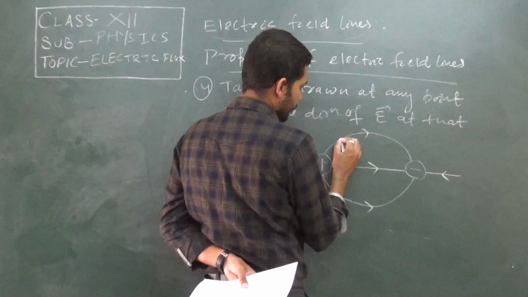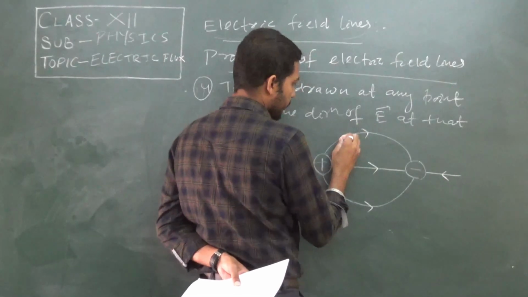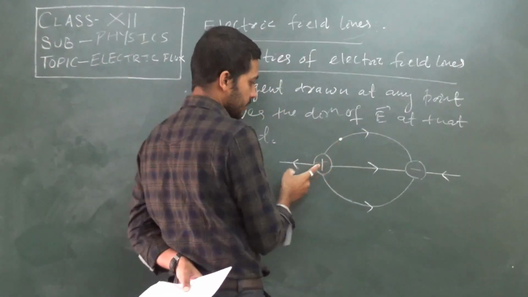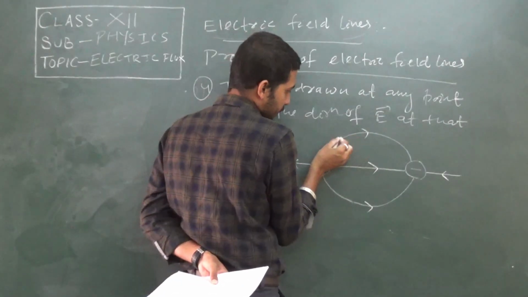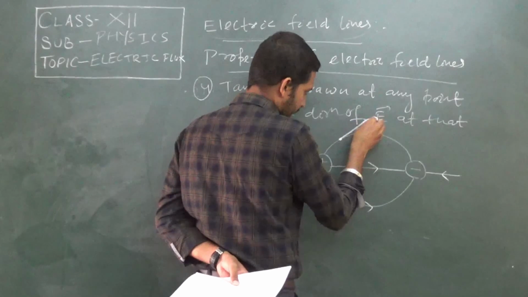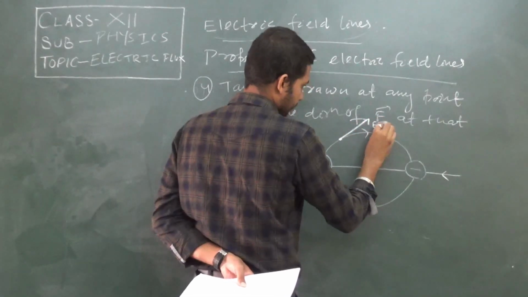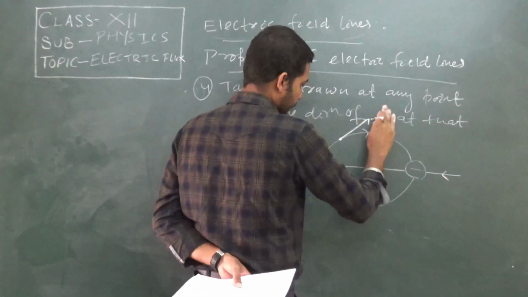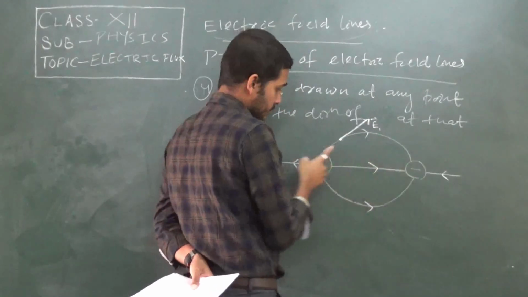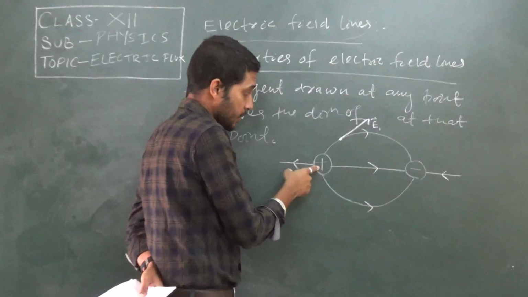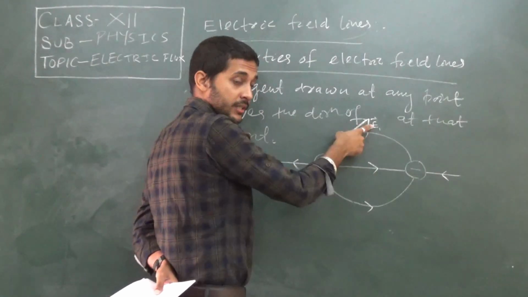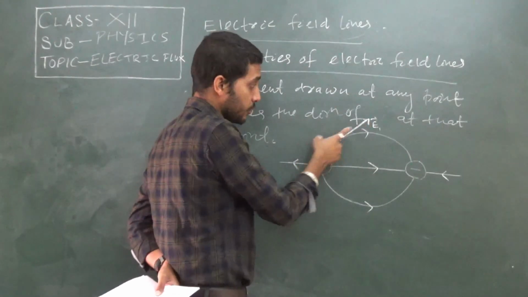Then let us say I am going to place a unit positive charge here at this point. So what will happen? This positive charge is going to repel the unit positive charge with one electric field in this direction. Let us say E1. At the same time, as the unit positive charge is near to this positive charge, the effect of electric field in the form of repulsive force is going to be more.